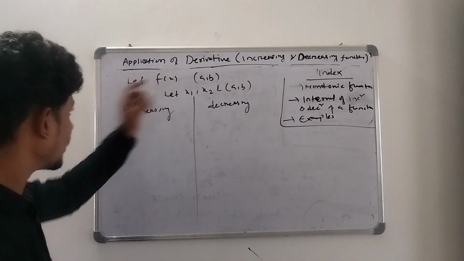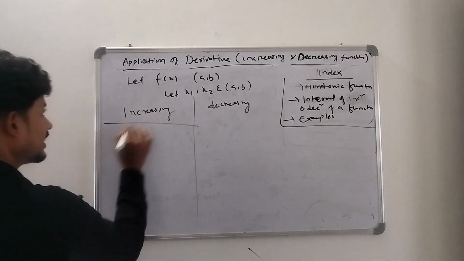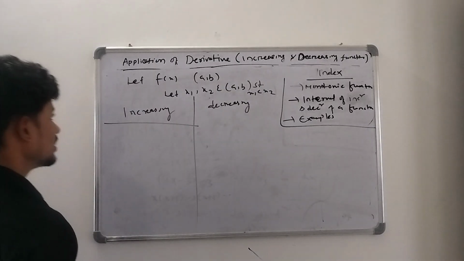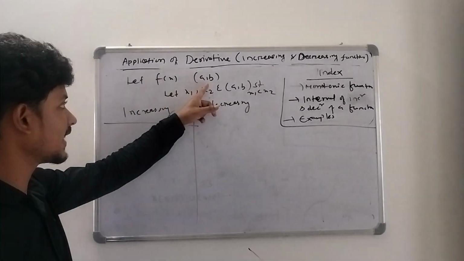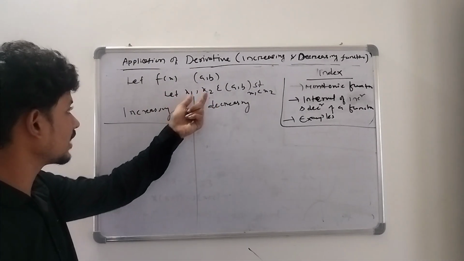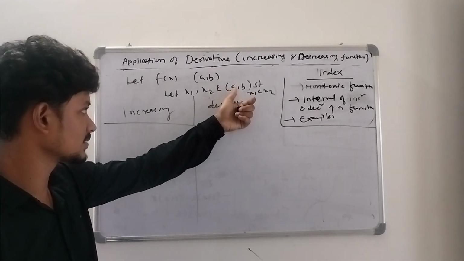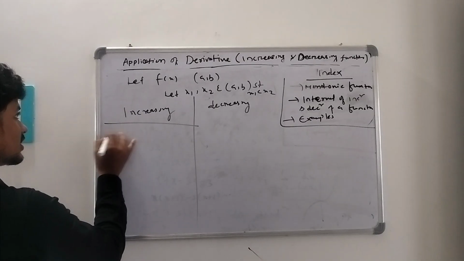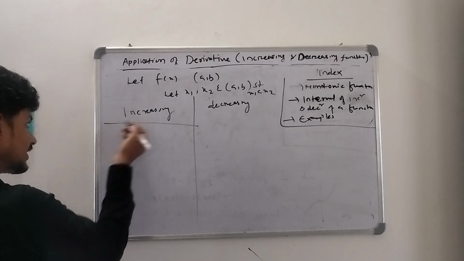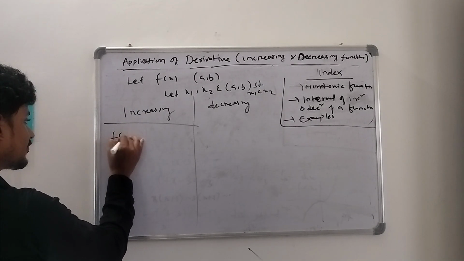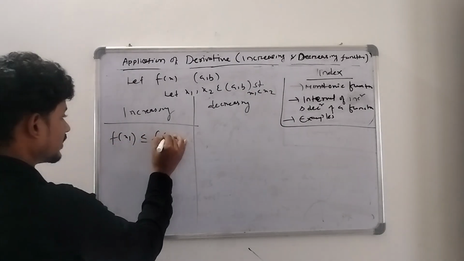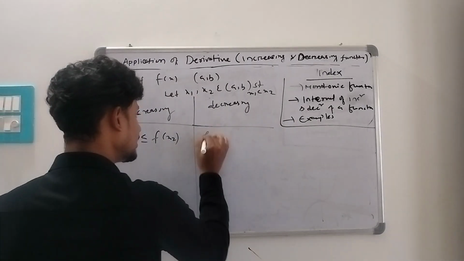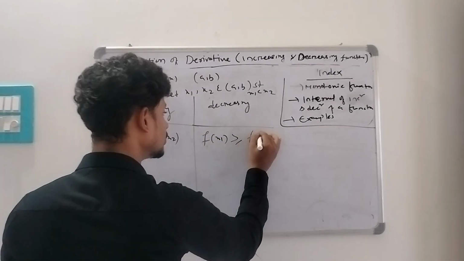This function f of x is said to be increasing if, taking x1 less than x2, f of x1 is less than or equal to f of x2. Similarly, the function is decreasing if f of x1 is greater than or equal to f of x2.